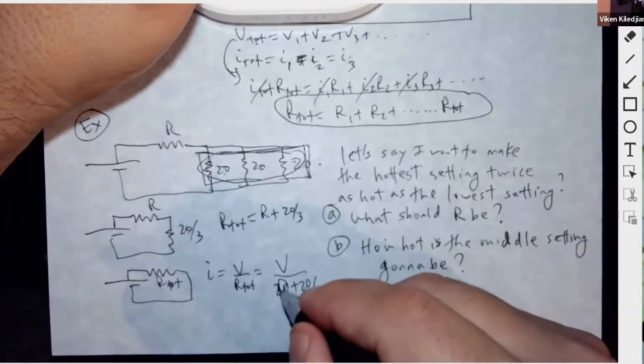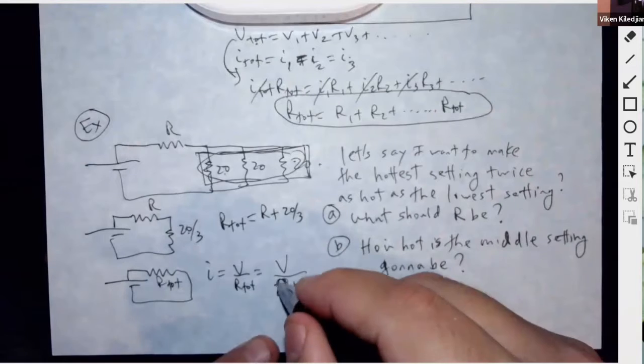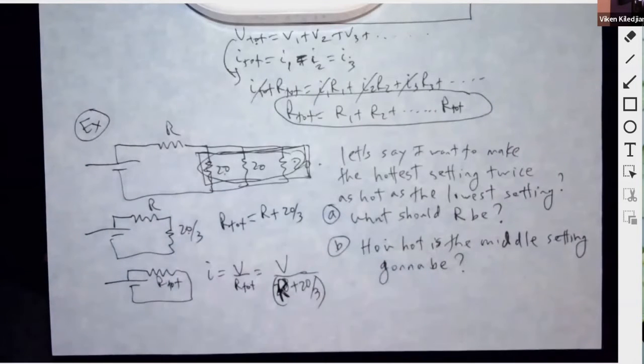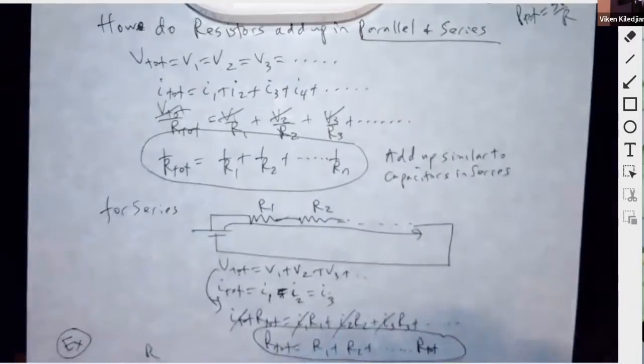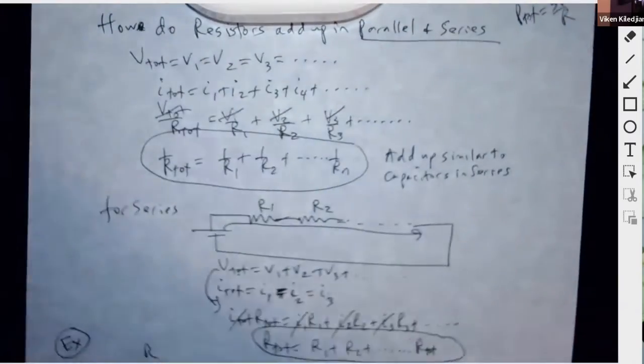Oh no, R. You know what, I'm running out of room. Oh, let's see here. Let me get it. I like this problem, kind of the realistic everyday problem again.